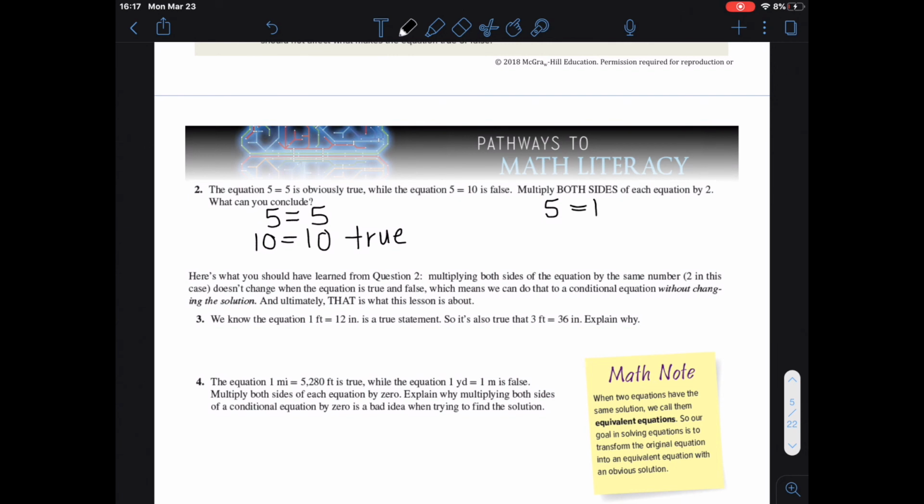When you take 5 equals 10, that's a false statement. Multiply both sides by 2, you get 10 equals 20. Still false. You started with false, you kept it false. So when you multiply both sides of the equation by the same number, it's not going to change the solution.